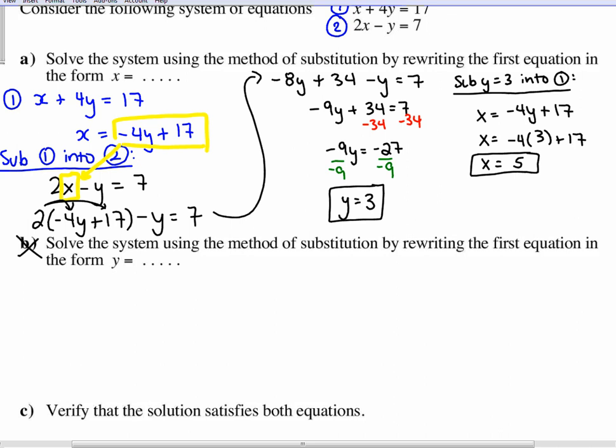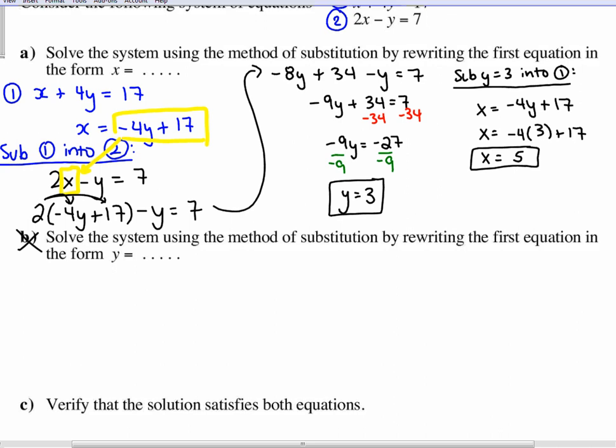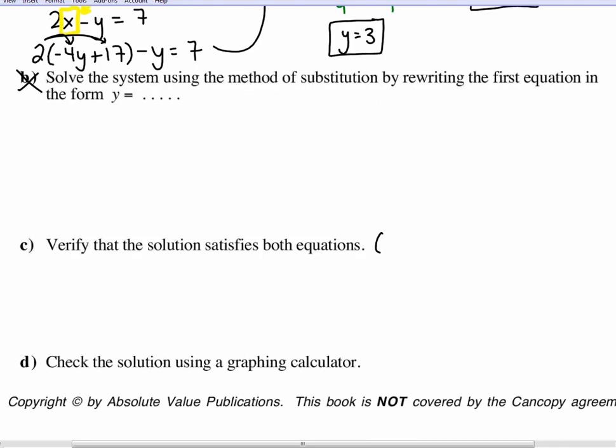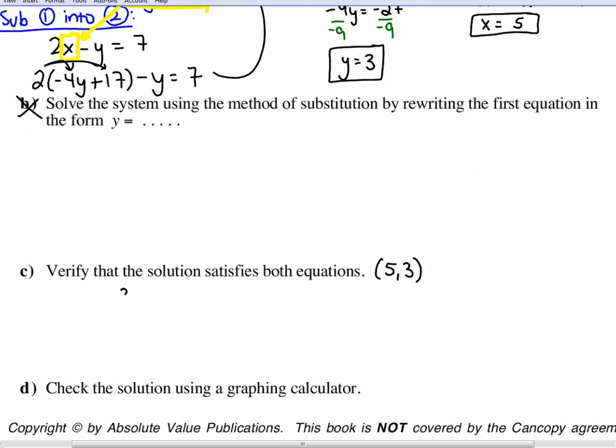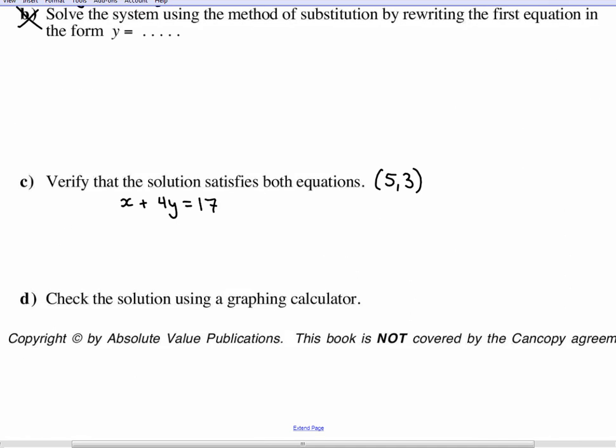Okay? So let's check. Our solution was 5 and 3. X is 5, y is 3. And so we need to check in both original equations. First one was x plus 4y equals 17. So 5 plus 4 times 3.